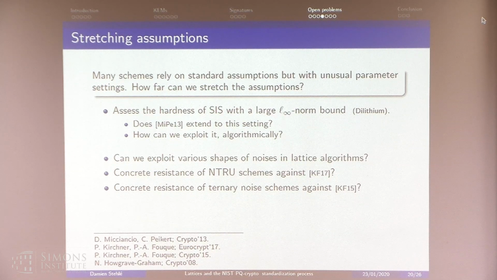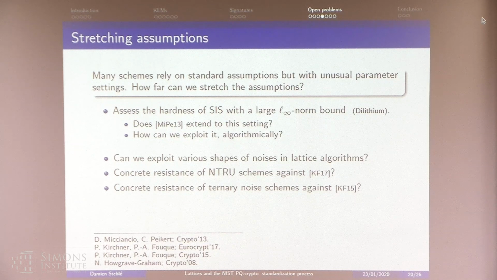So overstretched NTRU, I think that's what it is called. So some submissions say that it doesn't apply, but it has not been substantiated in detail, as far as I know.